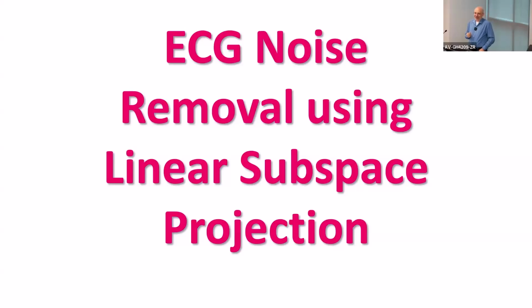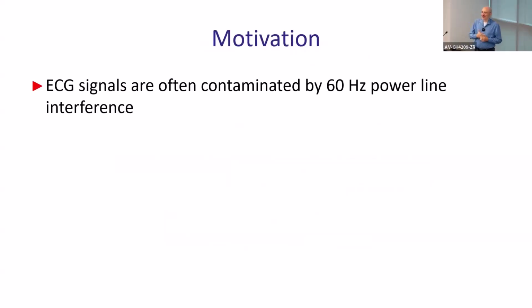K is from the German name for cardiology. So cardio, but in German starts with K, not with C. Since EKG was developed originally in Germany, they used EKG. So everywhere in the world, people started to use EKG. But when they translated that to English, it became ECG. But the original name was EKG because cardio in German starts with K. Historical. Okay, but we will call it ECG. Okay, British pronunciation.